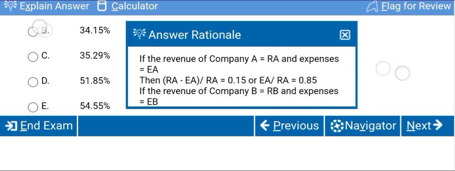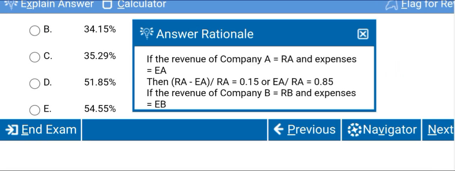If the revenue of company A equals RA and expenses equals EA, then RA minus EA divided by RA equals 0.15, or EA divided by RA equals 0.85.